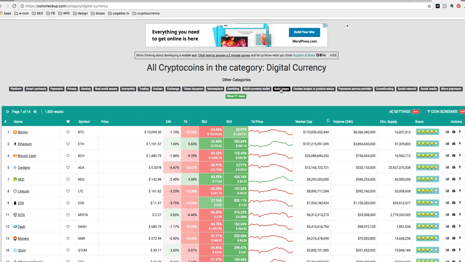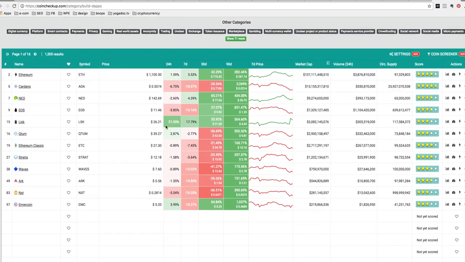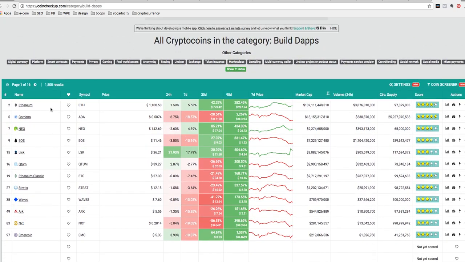These are blockchain architecture coins that provide a platform for companies to build decentralized applications. If we look at the build dApps tag, there are only 12 of them. Ethereum, Cardano, Neo, I had on my list. EOS, I didn't have on my list.